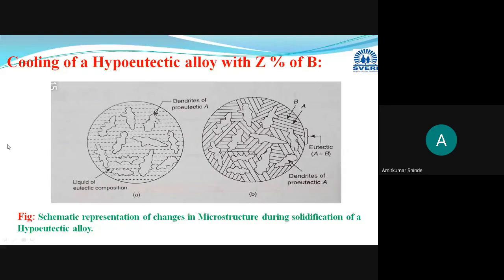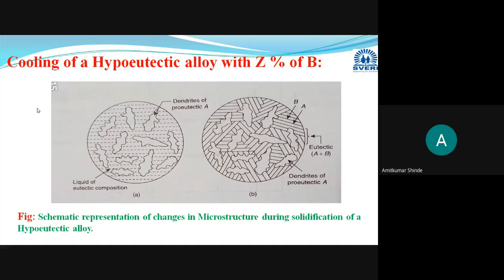From 1 to 2, I will repeat it again. Please refer to the phase diagram you have drawn for the cooling of the hypoeutectic alloy with Z% B. From 1 to 2, the alloy will be in the liquid state only, and when the temperature falls below point 2, the solidification process will start, and element A will start separating out from that liquid.